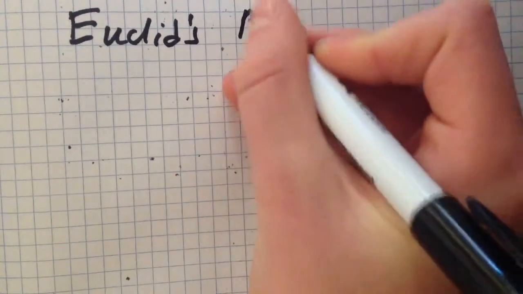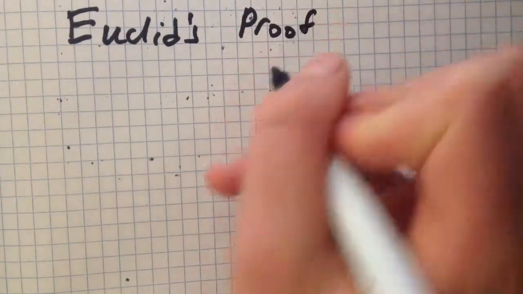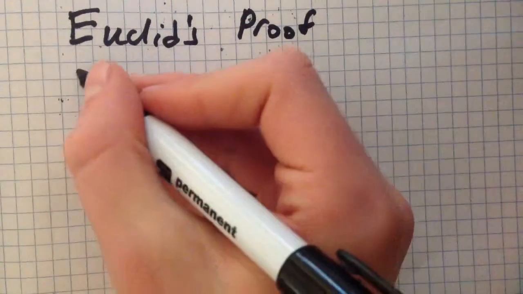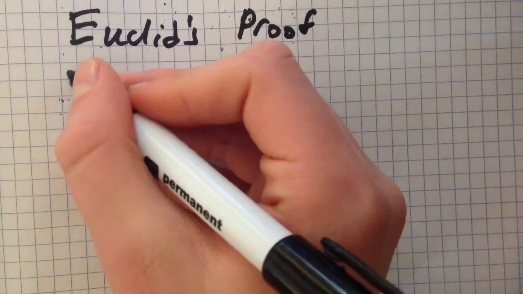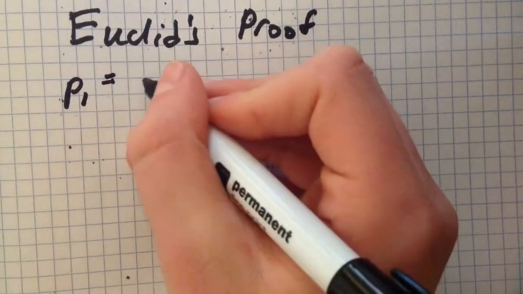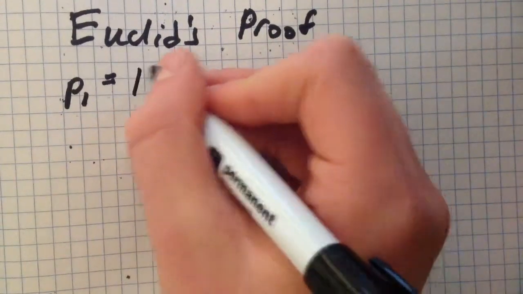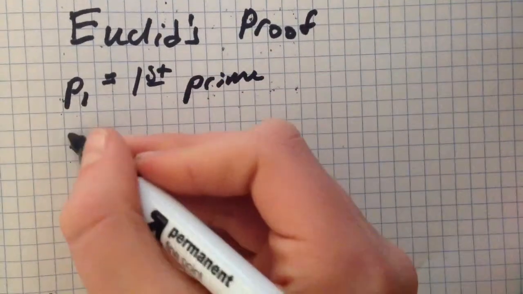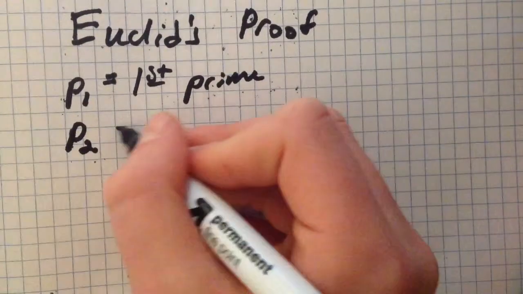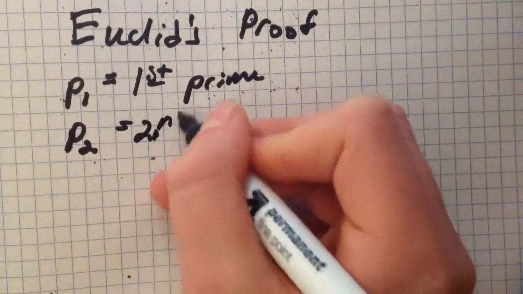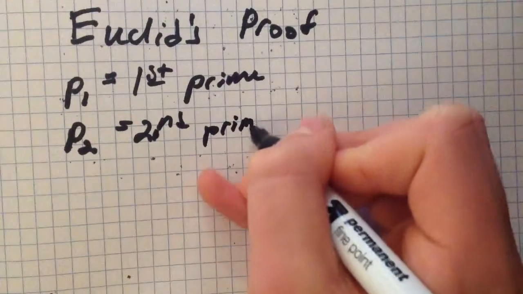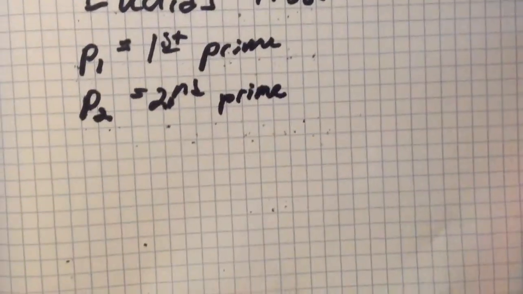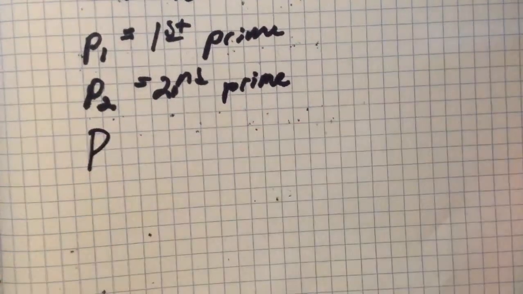Euclid's proof was made around 300 BC. It's a long time ago. Before that, they thought that there was a finite number of primes, but we know that is not true now. So, this proof says that lowercase p subscript 1 is the first prime, lowercase p subscript 2 is the second prime, and so on, up to p sub r, which is assuming that there's a finite number of primes, and that's the last prime.